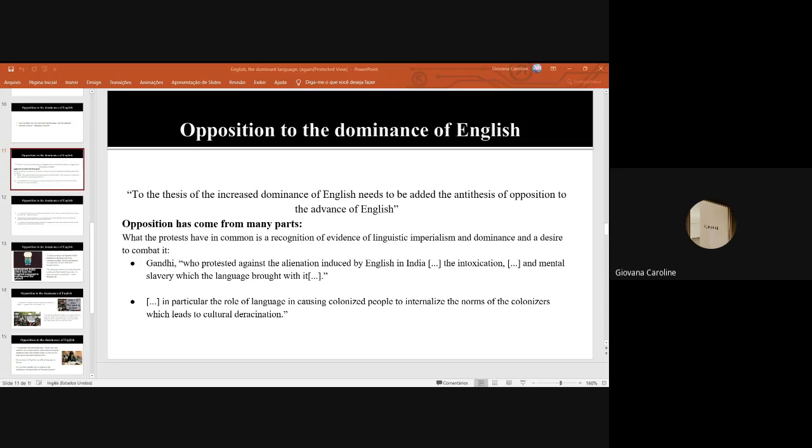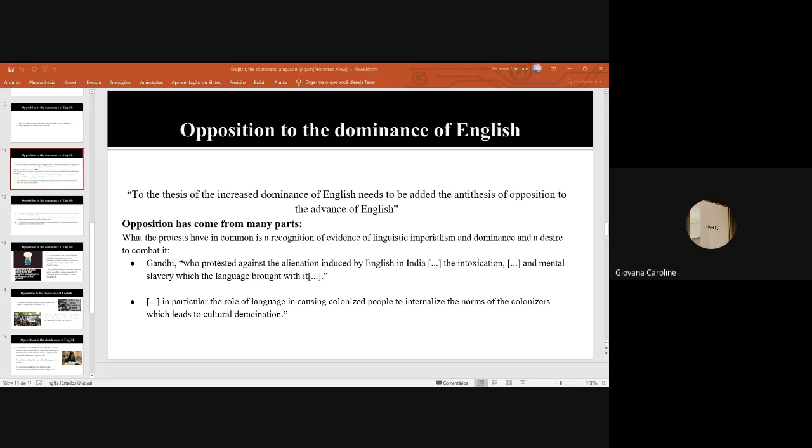Okay, so I put here some quotes of a colonist. He wrote about the domination of the English language, and the title of his work is kind of nice.